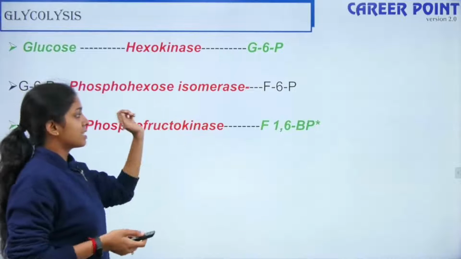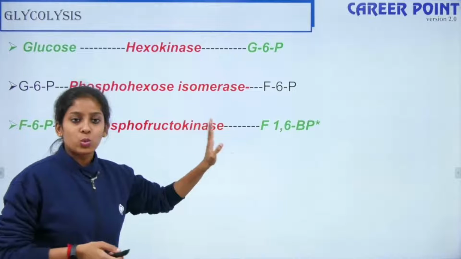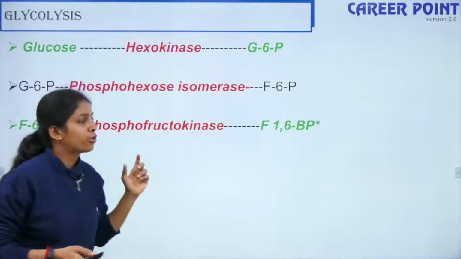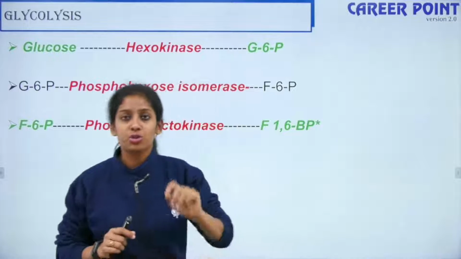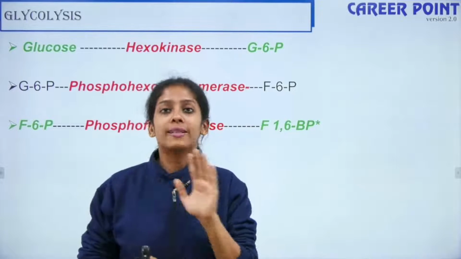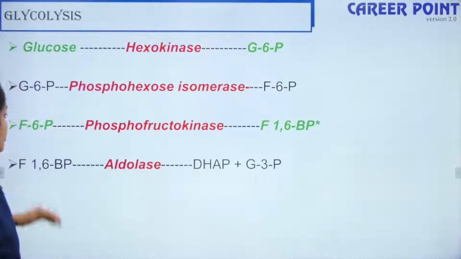This kinase is involved, and this is fructose with a phosphate group on both sides, so it is phosphofructokinase. Wherever it is star marked, only those reactions are not reversible. All the other reactions of glycolysis are reversible. All right.